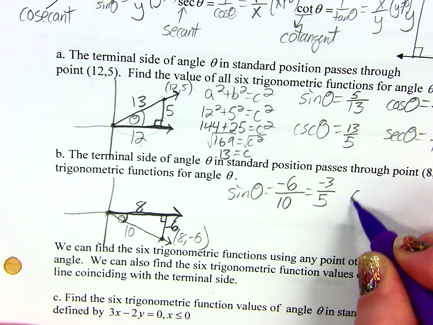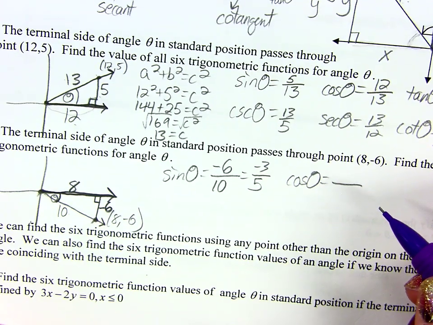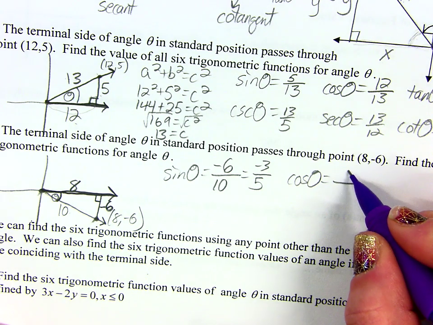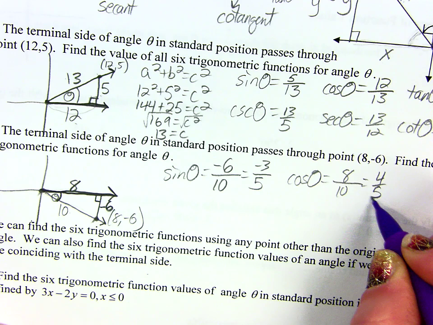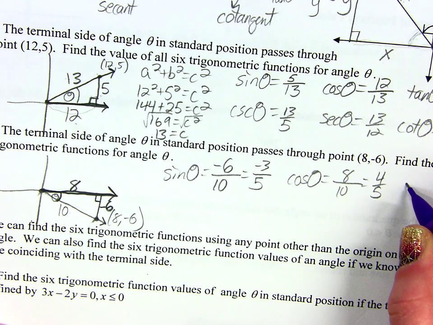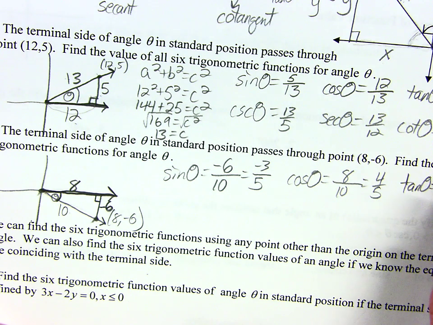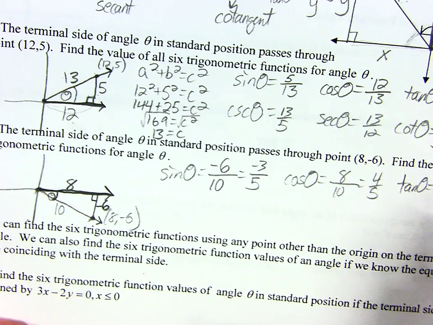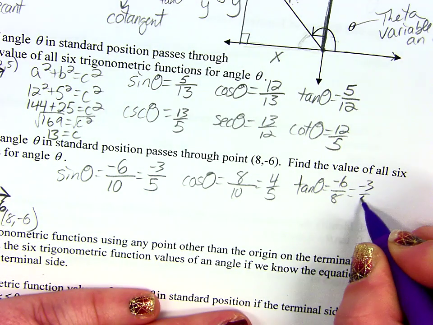Let's do cosine. Cosine is x over r, so that's just 8 over 10, which reduces down to 4/5. And tangent, y over x, -6 over 8, or -3/4.